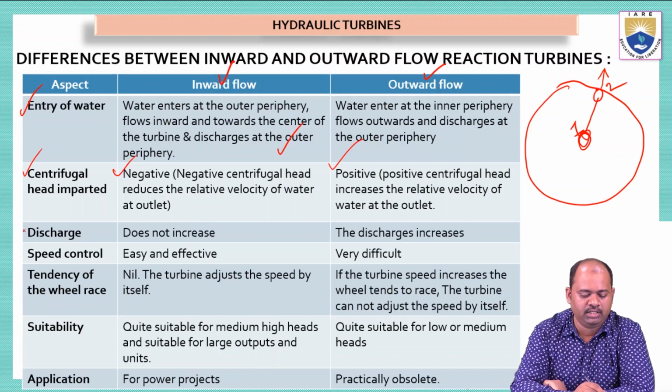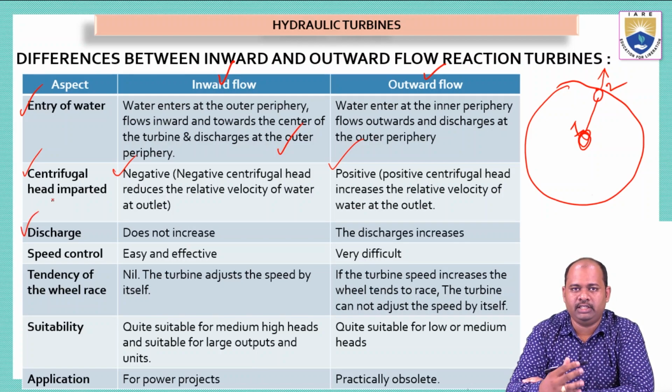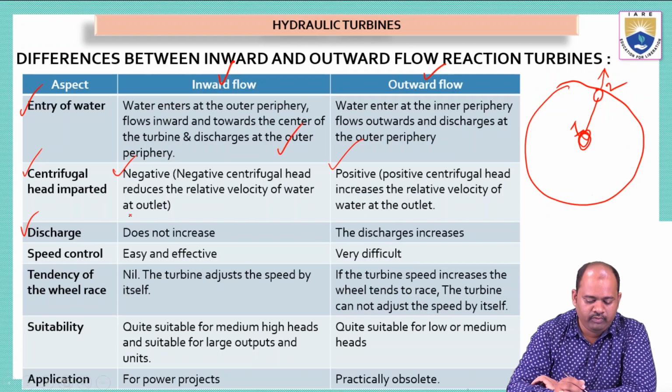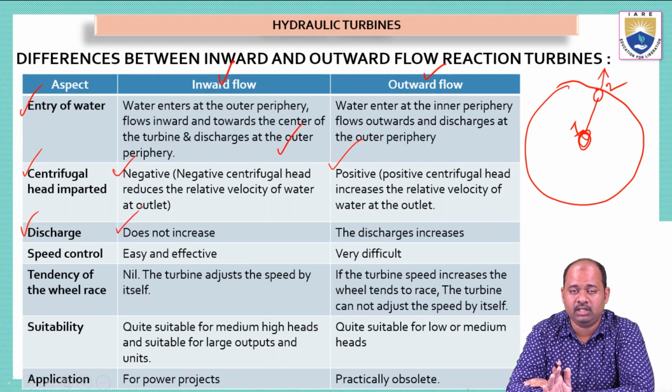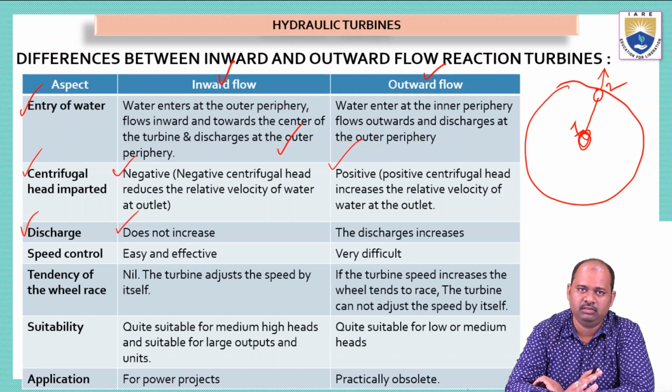Then when we compare the discharge of water coming out of the outward or inward flow turbine: in inward flow, the discharge does not increase. The discharge of water coming out of the draft tube does not increase. It will be at the same level as the water coming out of the penstock.